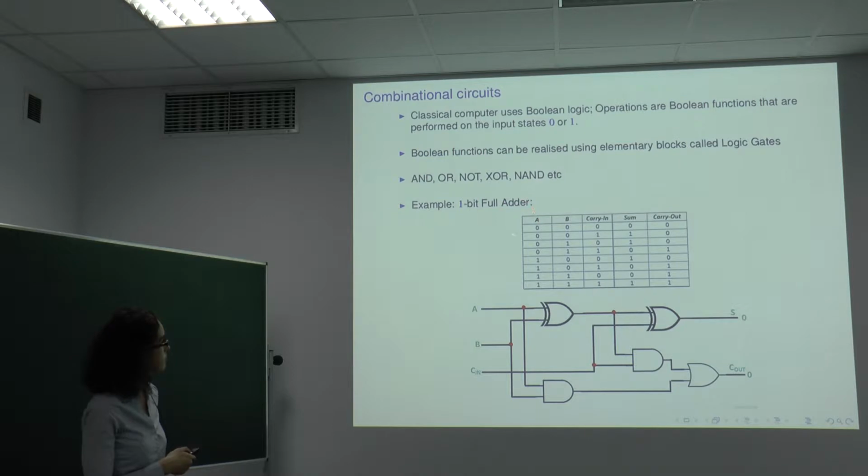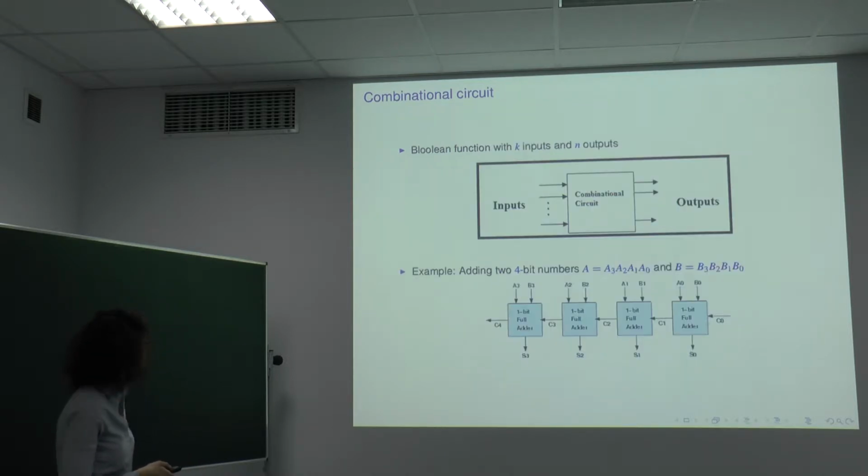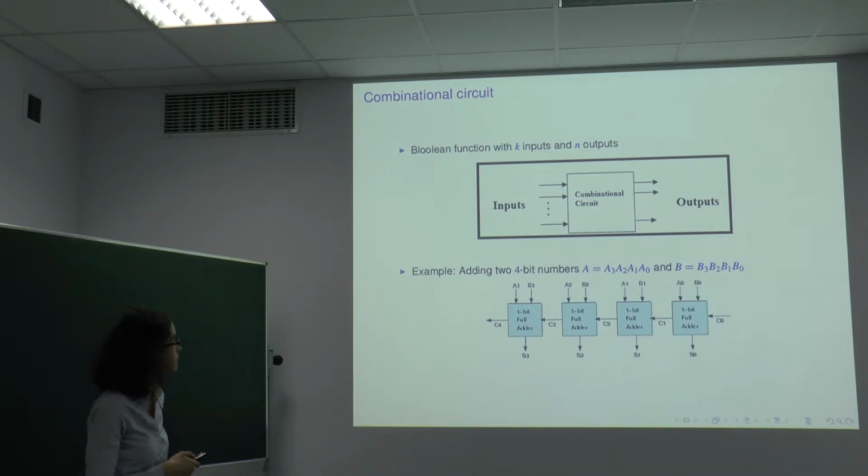Such an adder consists of 2 XOR gates, 2 AND gates, and 1 OR gate. It has 3 inputs, A, B, and C in, and returns 2 outputs. The first one is the sum, and the second one is the carry bit. In general, a Boolean function operates on k inputs and returns n outputs, where k and n are arbitrary integers.